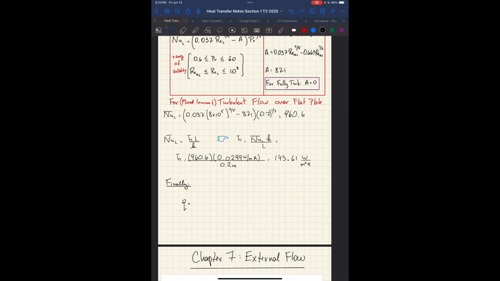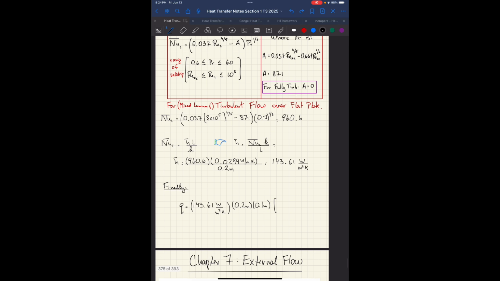So H bar, we put into H. The area is just the length times the width. And here we have the Ts minus T infinity. So this is going to be 143.61 watts.